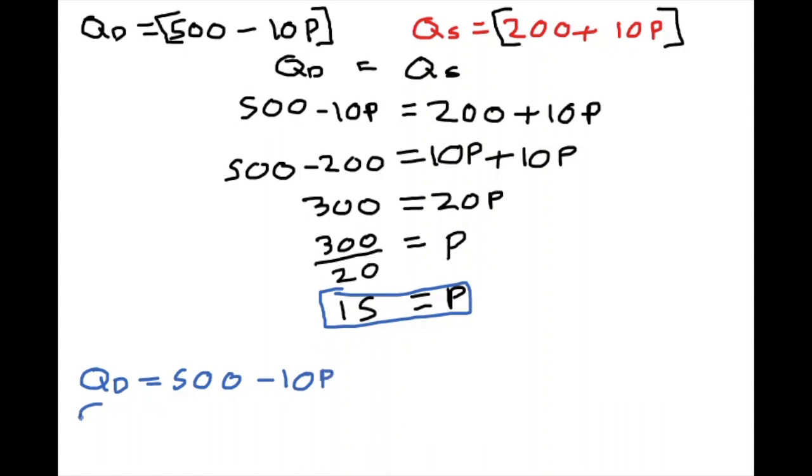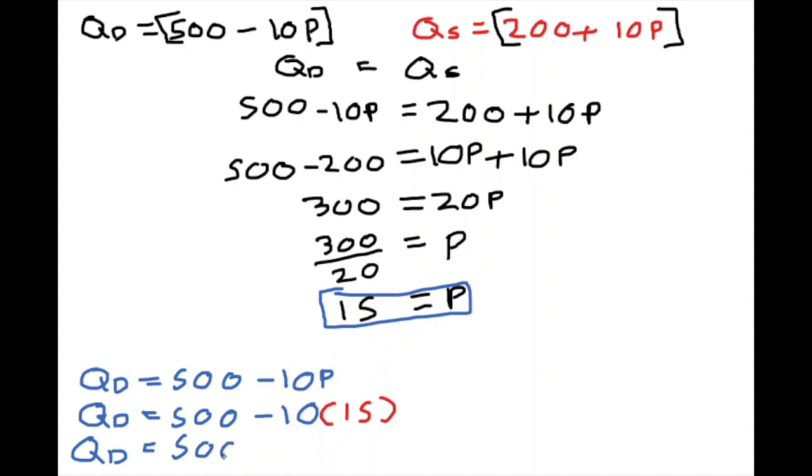Of course, we now know what price is, so I can say QD is equal to 500 minus 10 by 15, since we know the price is 15 in this case. 10 by 15 is 150, which means that quantity demanded is 500 minus 150, which gives us 350 for quantity. So that's substituting price into our quantity demanded equation.